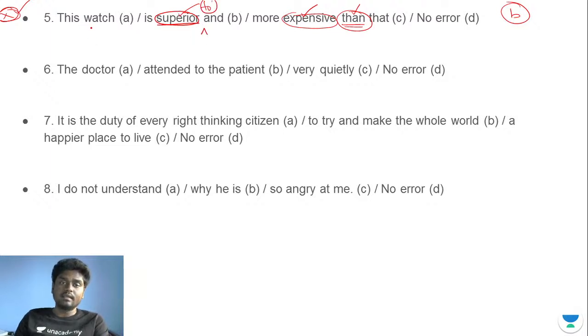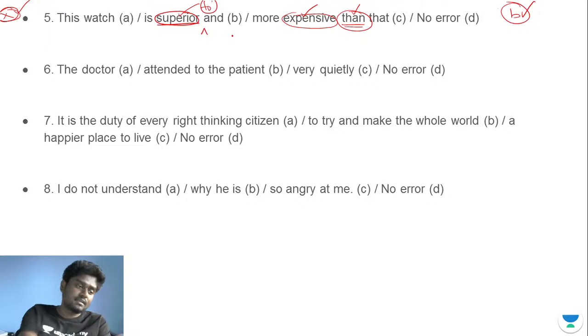So it will be: This watch is superior to and more expensive than that. Okay, so the error is with option B, where you need to add a preposition to. That should be the proper way of constructing the statement, right?